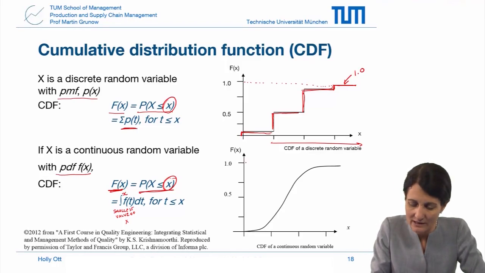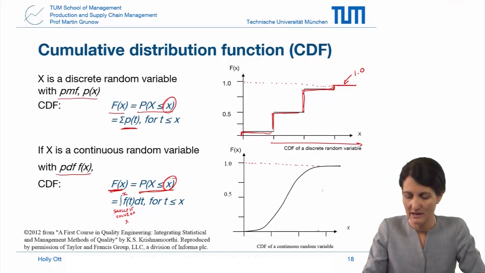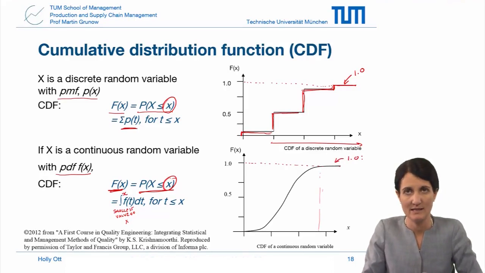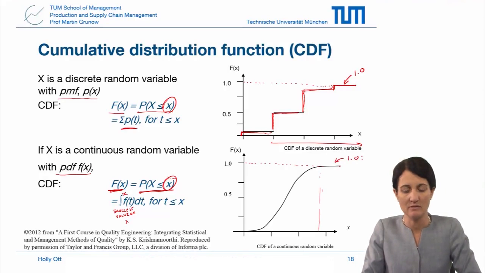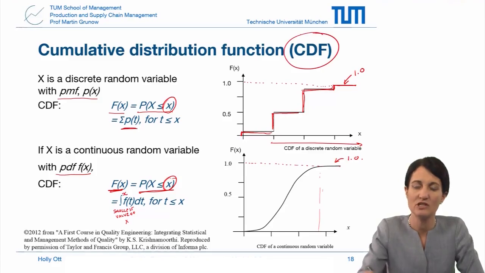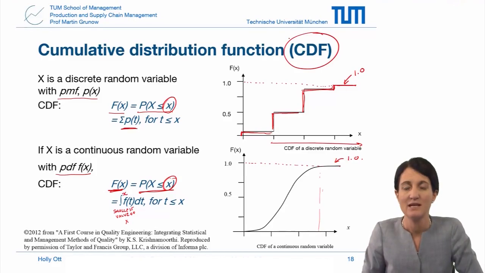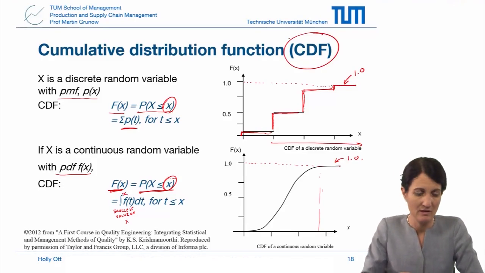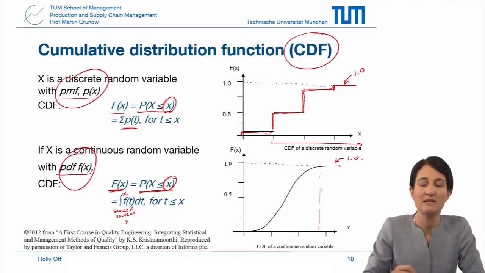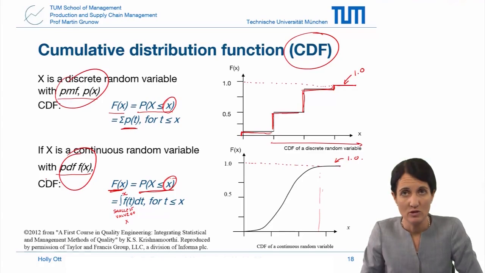So this time, we don't have a step function because x can take any value. But likewise, once we get to the maximum value that x can be, you see that this is equal to 1.0. So in both cases, for the continuous and the discrete random variables, you start with the lowest possible value of x. You look at the probability, either P of x or f of x, and then you start to sum that.